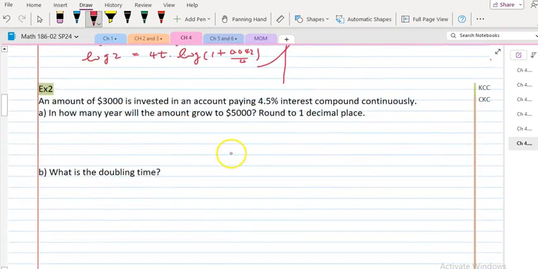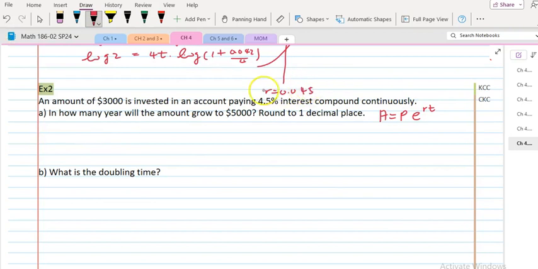Okay, so example 2 is the same thing, but the compounding is continuous. So we also want to know the doubling time and also how many years it would take to grow to a certain amount. The formula that we'll use is A equal to P e to the rt, right? So in our case, r equal to 0.045.